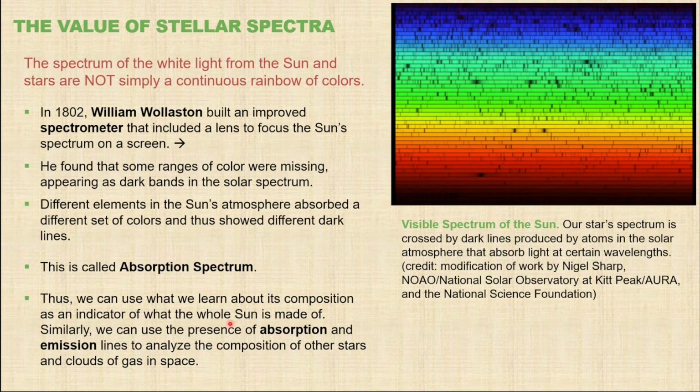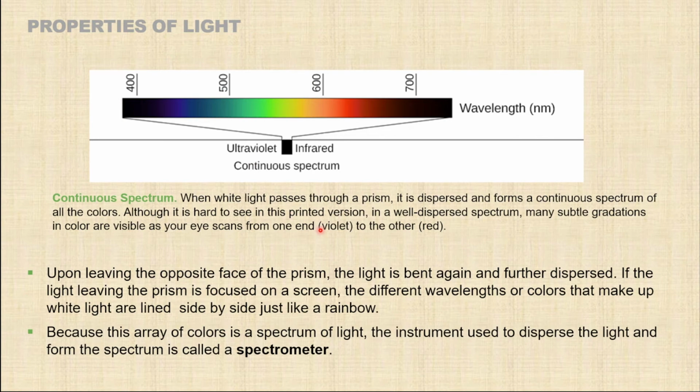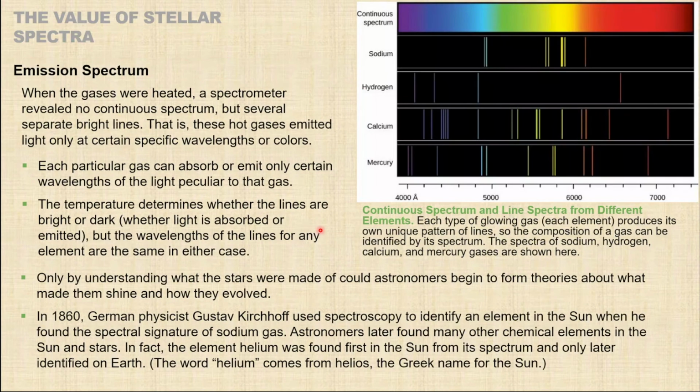And the other type: there is another type of spectrum called the emission spectrum. This is simply the opposite of the absorption spectrum. This was initially done using experiments in the lab.